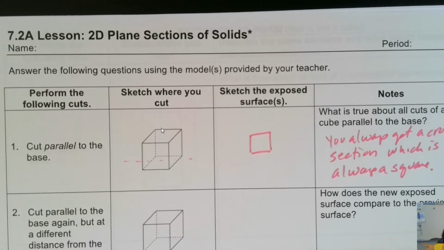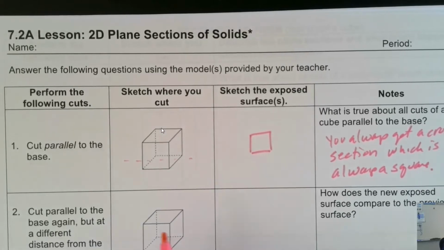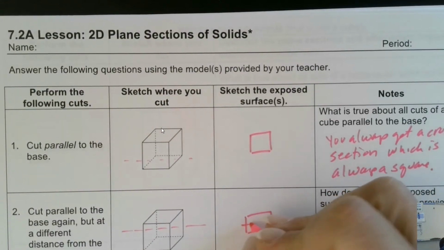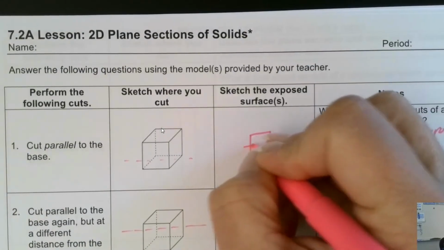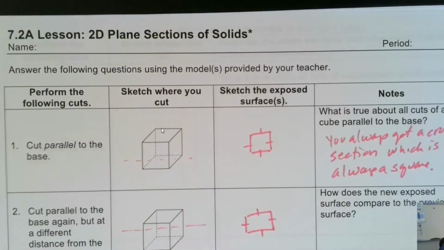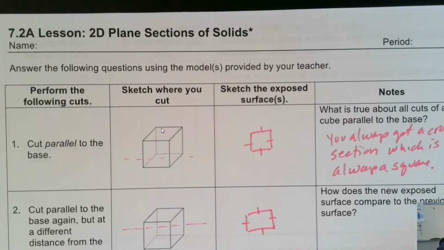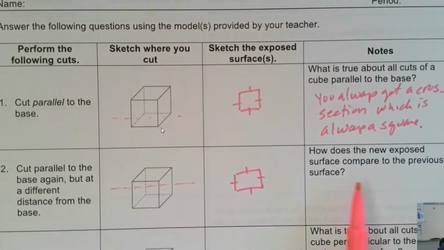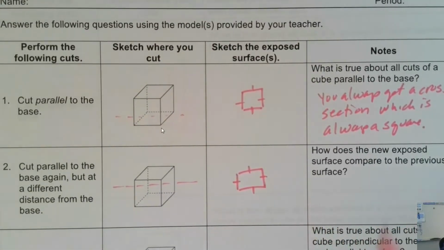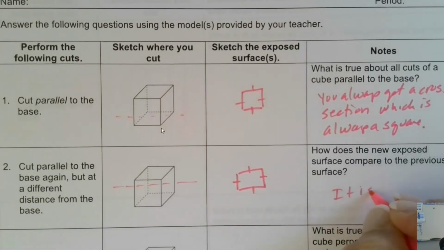It doesn't matter, we're still going to get that square shape. If I cut parallel but higher up this time, I still get this shape. How does the new exposed surface compare to the previous surface? It's the same.